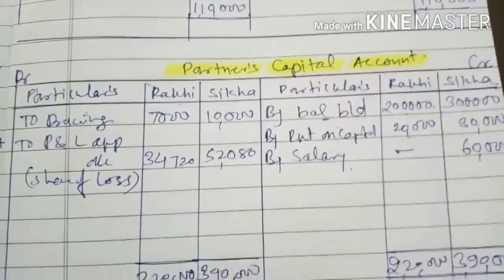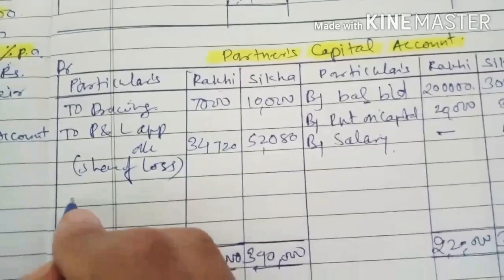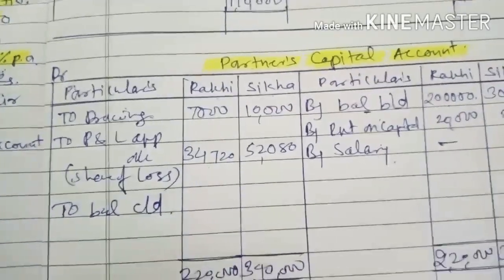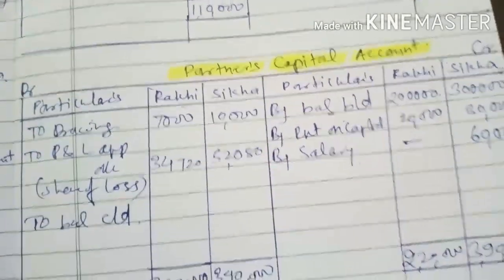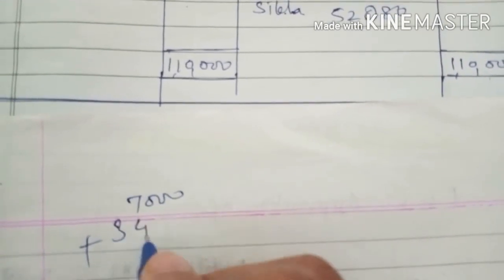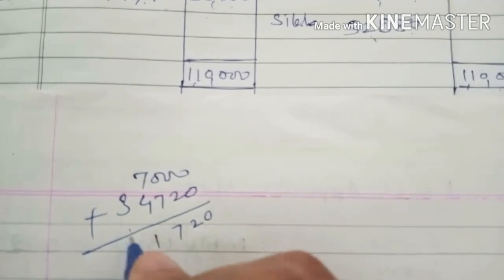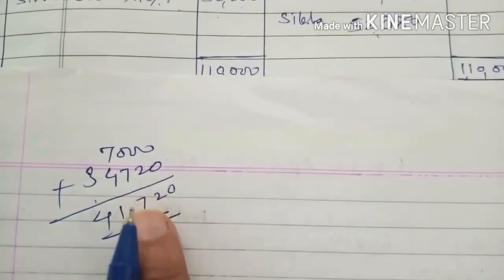From this amount you have to deduct the drawings and the share of loss. This balance is called closing balance carried down. First of all, total 7,000 plus 34,720 rupees, that is 41,720 rupees. These 41,720 rupees you have to deduct from 2,20,000 rupees.